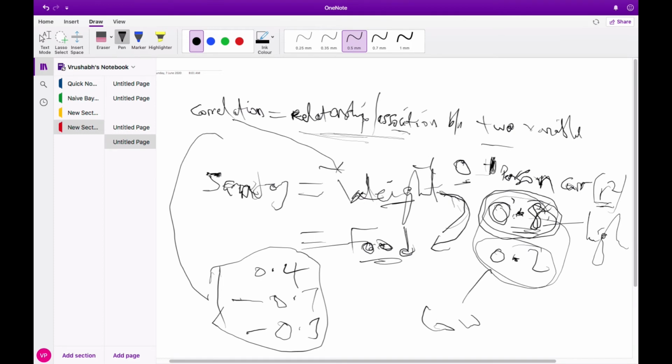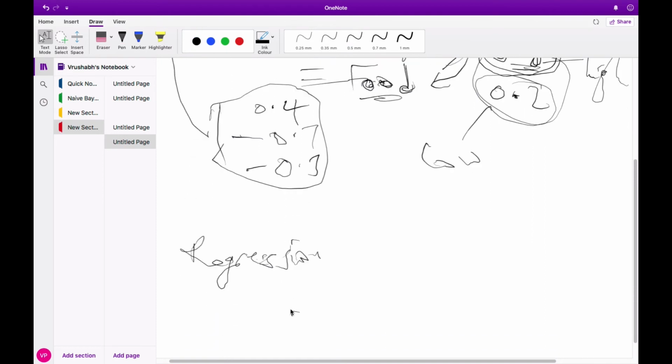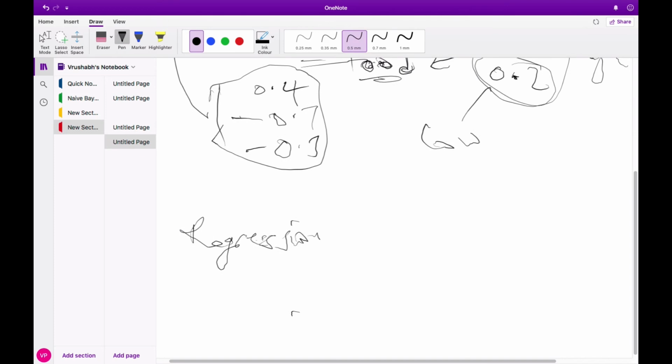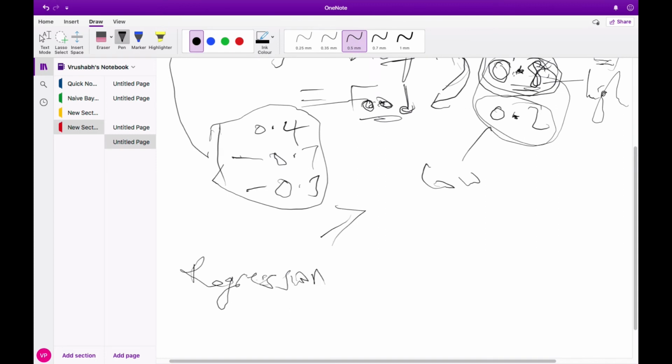Now, this is correlation. What will regression help us to do? Let me push this a little bit up so that you can see it very well. If you find this correlation, can we base on this correlation and make some future predictions?